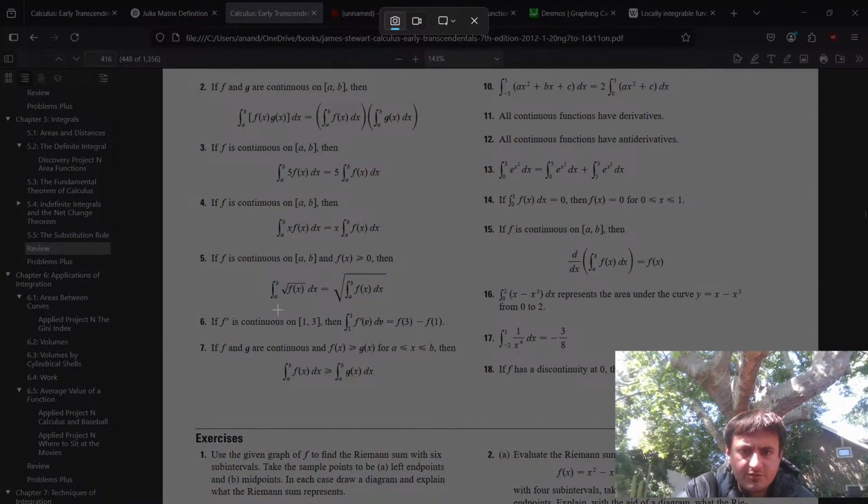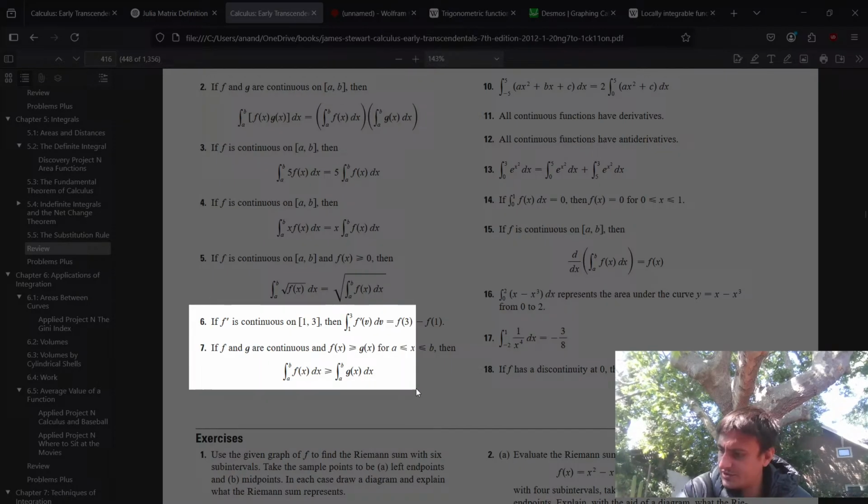If f prime is continuous on 1 to 3, then the definite integral... I said 6 is true.